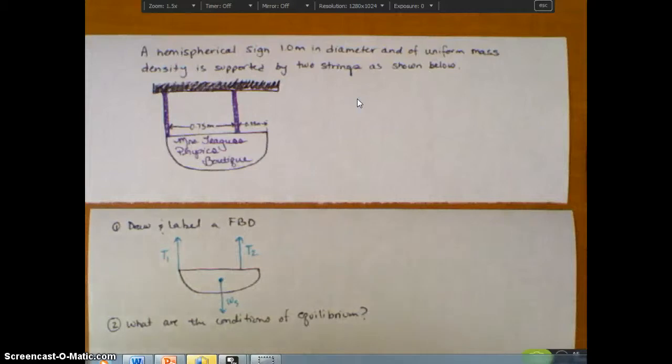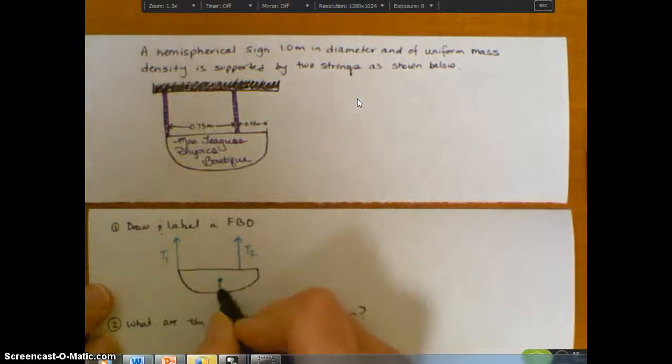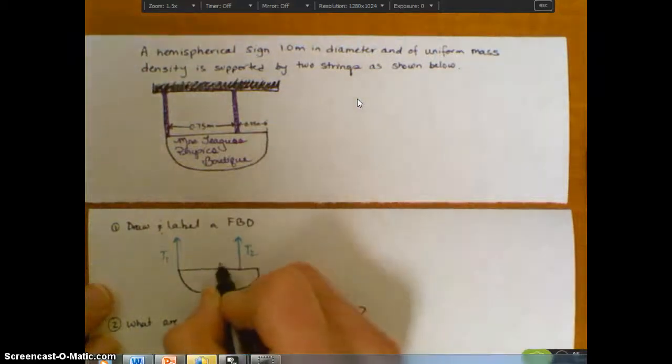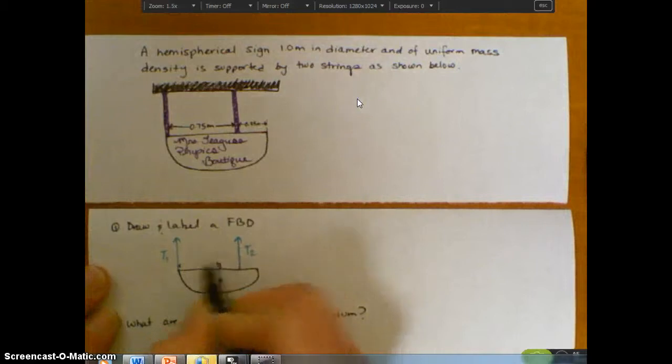Okay, now I'm going to put in my lengths here too. Because the weight is acting in the middle of the sign, I know that this length from here to here is going to be 0.75 meters.